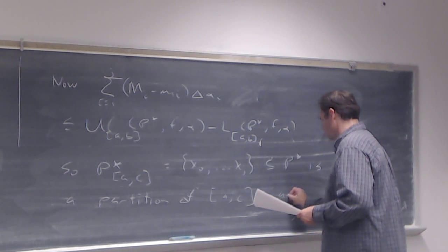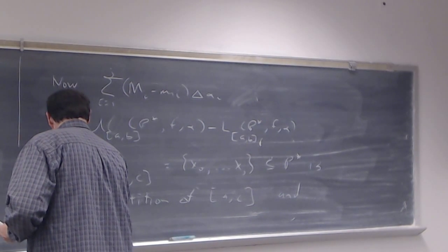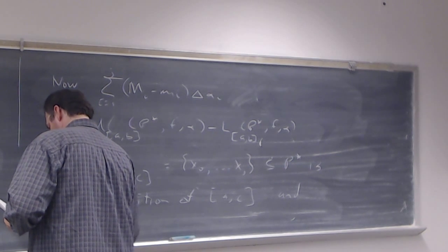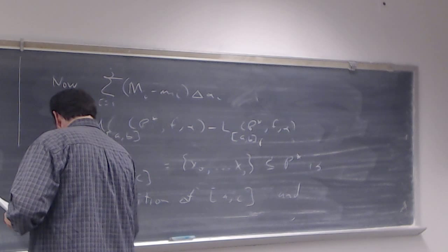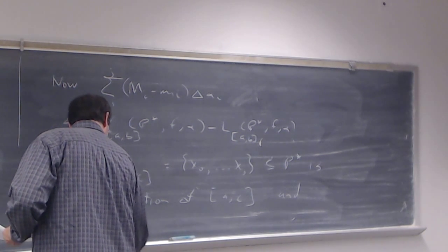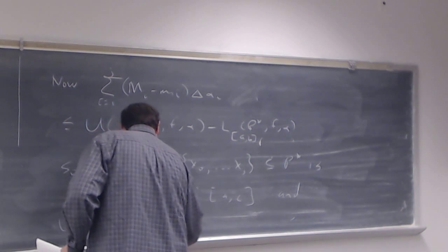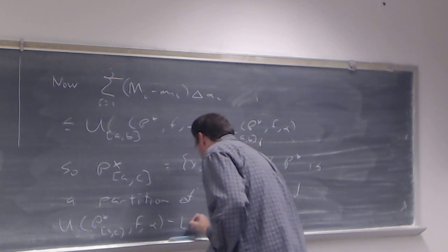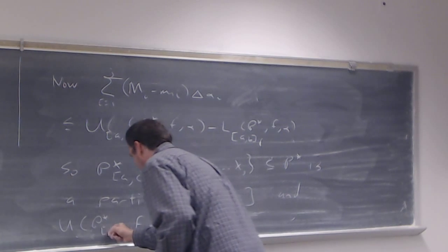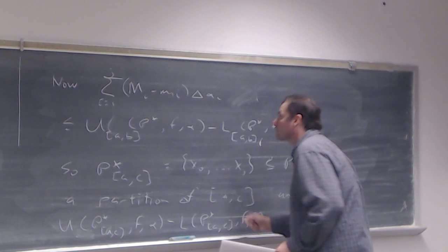And what we have is that this upper sum from A to B, I'm sorry, I'm going to say from A to C. No, I'm going to write it this way. Upper sum of the partition star from A to C with F and alpha minus this lower sum with the same partition P star from A to C, with F and alpha.